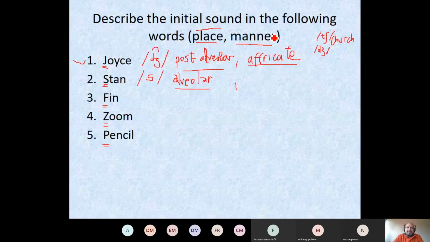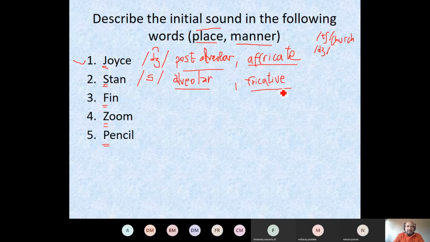So when you say stand, there is a friction of the airflow, because it's partially blocked. Whenever we think about friction, we call this sound fricative, in terms of manner, in which way the airflow is being affected or modified. So this would be alveolar fricative.